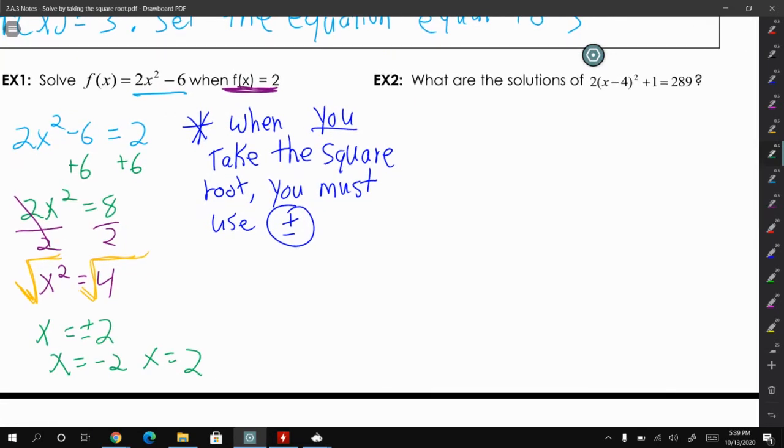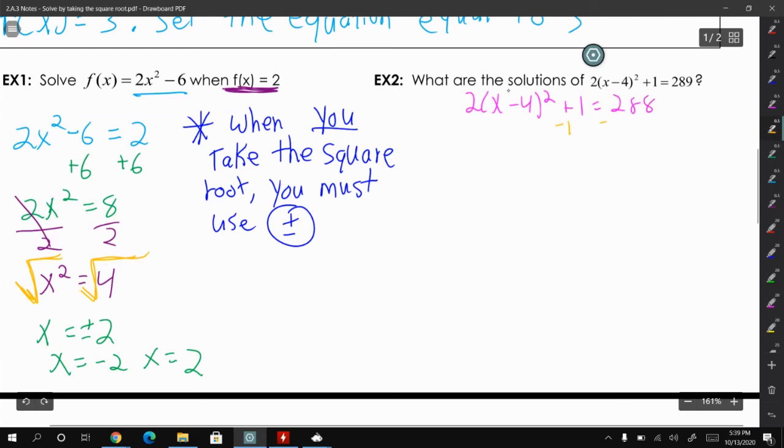All right, let's look at example number 2. So we have this equation here: 2 times x minus 4 squared plus 1 equals 289. Let's subtract 1 from both sides. That gives us 2 times x minus 4 squared equals 288.